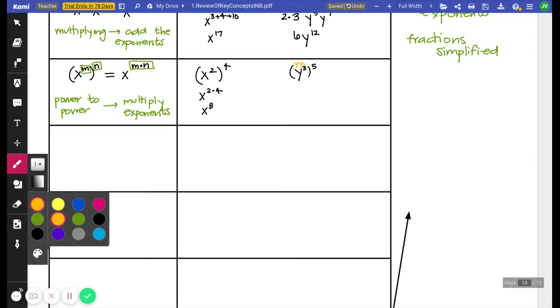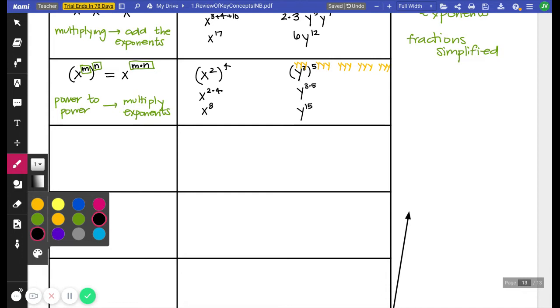I have y to the 3rd 5 times. So it's y to the 3rd, but then it's 5 of those parentheses. Remember, when in doubt, write it out. Multiply the 3 and the 5, y to the 15th. Okay.